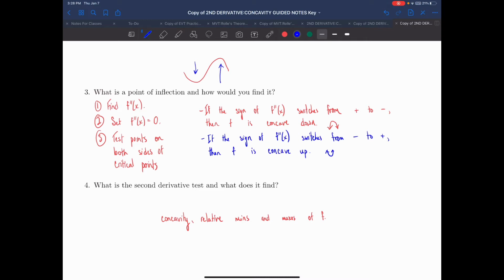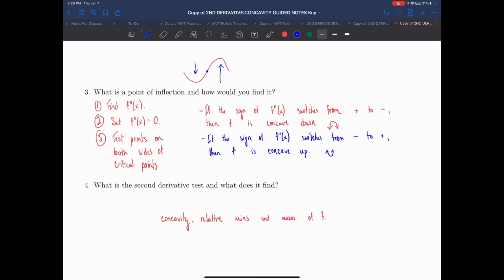So at some point along that line, it changes from being concave up to concave down, and that's going to be somewhere in here for a sine wave. At some point, the concavity changes. That's called a point of inflection.